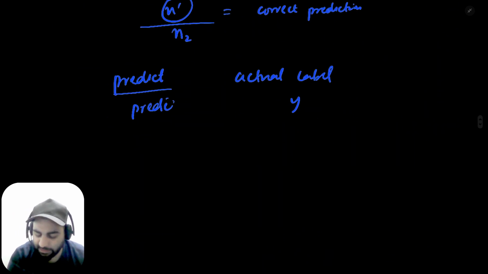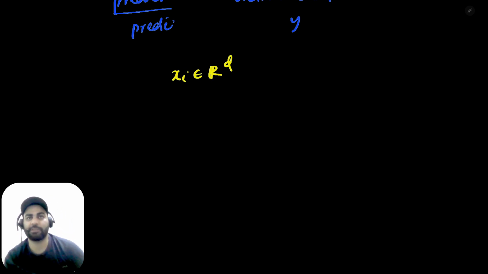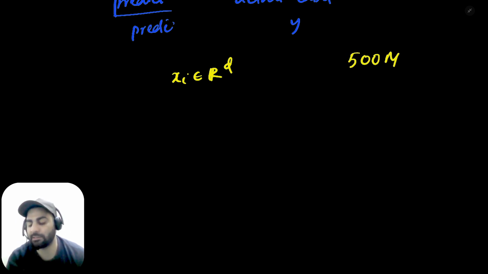Let's suppose each email xi belongs to R^D. It has D features. Each email will be basically a bunch of tokens, and let's suppose it lies in a D-dimensional vector space. So in the D train, let's say we have 500 million emails. It's a realistic number, and I think we will have even more than this.